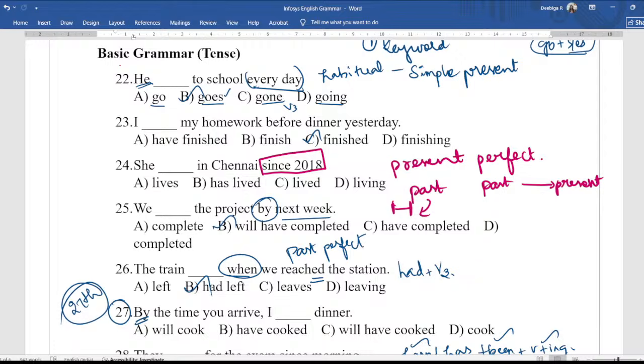For present perfect you have two kinds of verbs, have and has. If you want to use a plural verb, you use have. If it is singular, you use has. She is singular, so you will use has plus V3. Has plus V3. So here, live becomes has lived in Chennai since 2018. I hope you understood this.